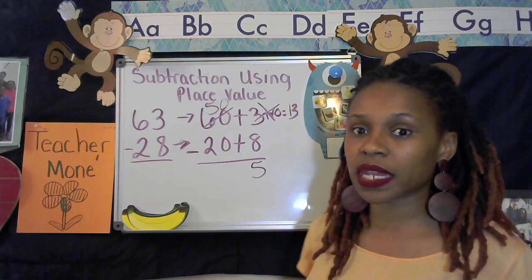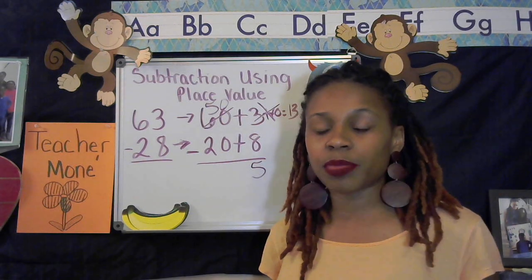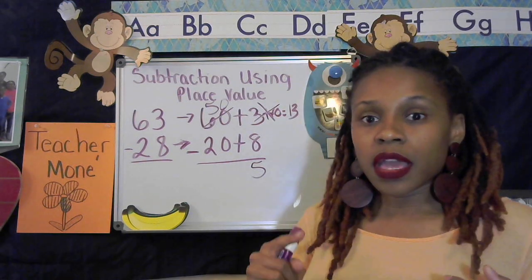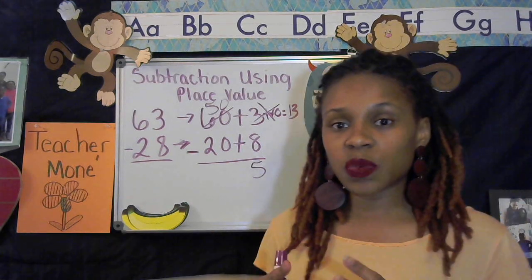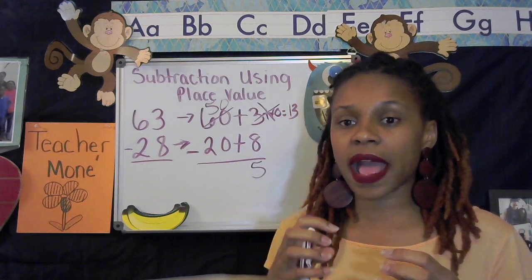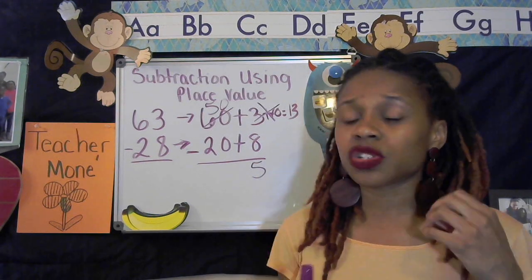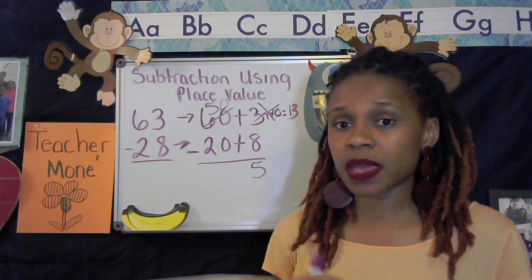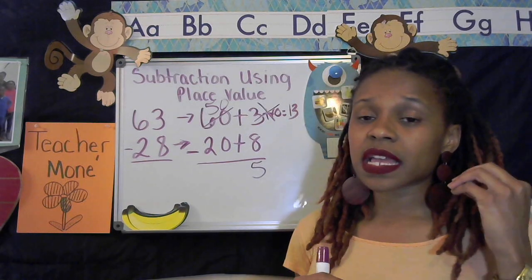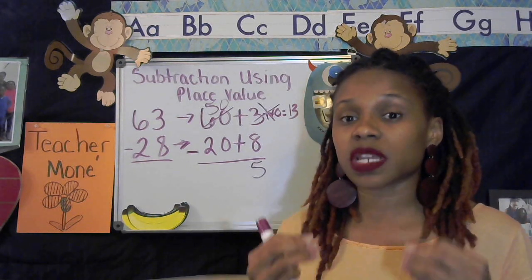Now 50 minus 20. Parents, I just want to put in a plug right now. If your children are struggling with figuring out how to subtract multiples of 10, I want you to really practice with them this year, every day, understanding multiples of 10.